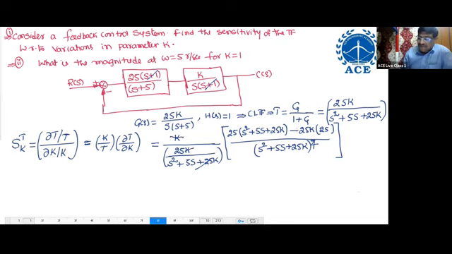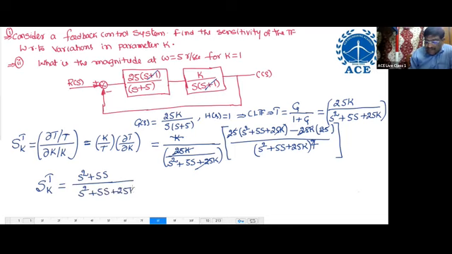Here 25, can take it, can't. This 25 cancelled, 25k cancelled. That means what you are getting? S_T^K equal to s square plus 5s divided by s square plus 5s plus 25k.